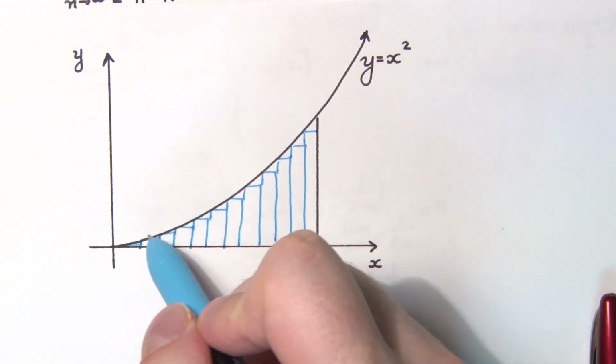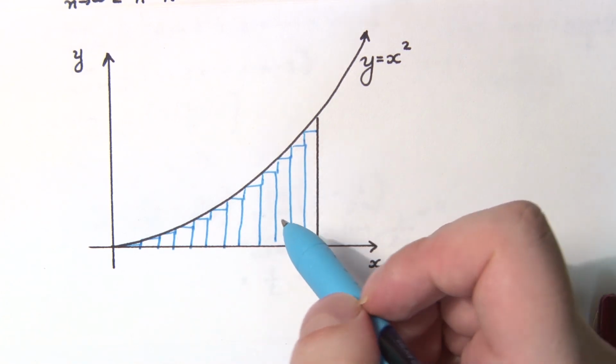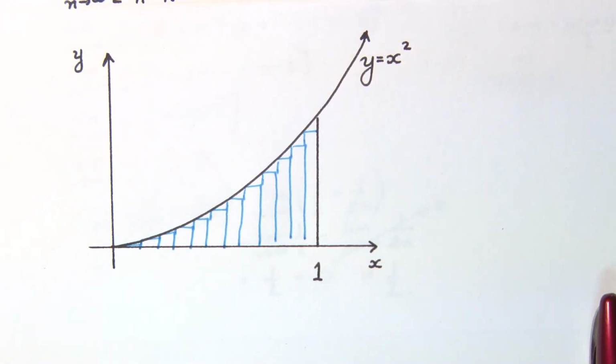As we do that, the area that we're not counting gets really, really small, which then gets really close to the true value of the area under x squared. We'll do that in the next video.